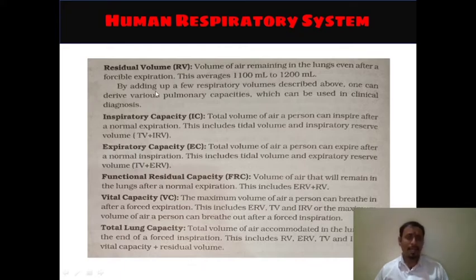Okay. Then by adding a few respiratory volumes described above, one can derive various pulmonary capacities which can be used in clinical diagnosis. What is inspiratory capacity? Total volume of air a person can inspire after a normal expiration. You should write this down, and if you have the 11th NCERT book, whether it is an older version or newer version, you should definitely go through this as a reading.